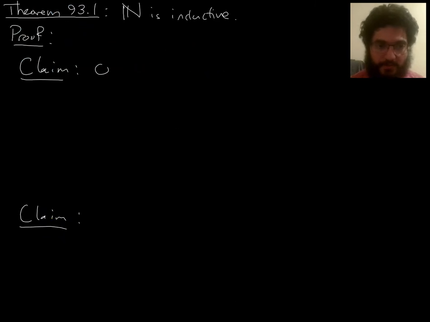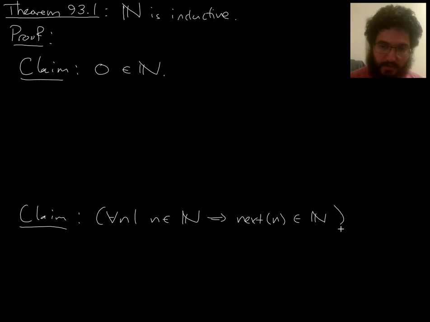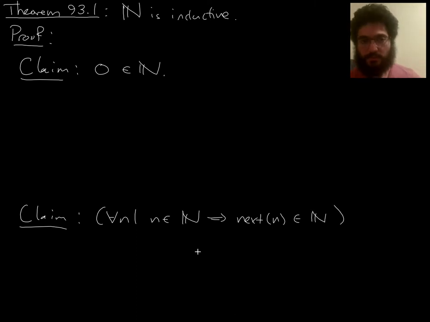So I have two things to prove. One, I need to prove that 0 is in there. And two, I need to prove that for all n, if n is in there, then the next of n is in there. Right? So pause if you need to and verify that these are the two things that need to be proven in order to prove that N is inductive.